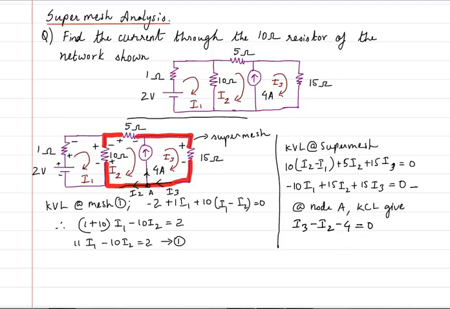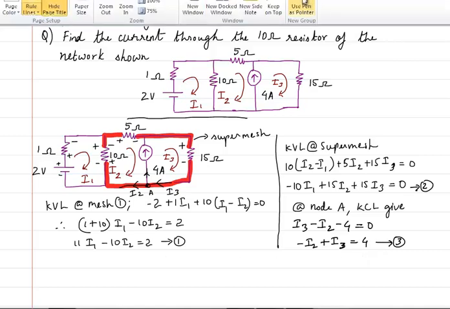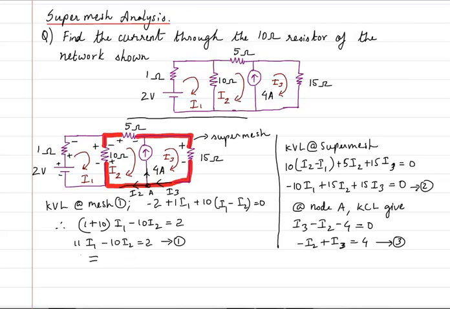So this was the third equation: minus I2 plus I3 is equal to 4. So now I have here I1 having a value of 11, I2 with 10, I3 with 0.